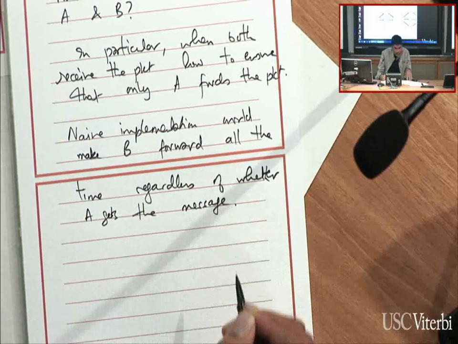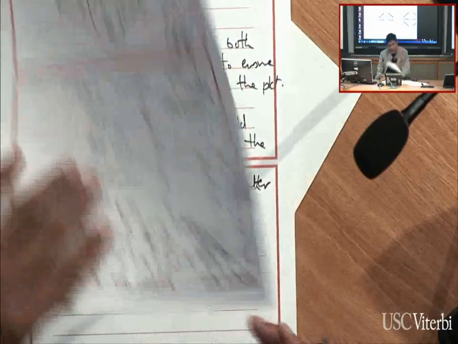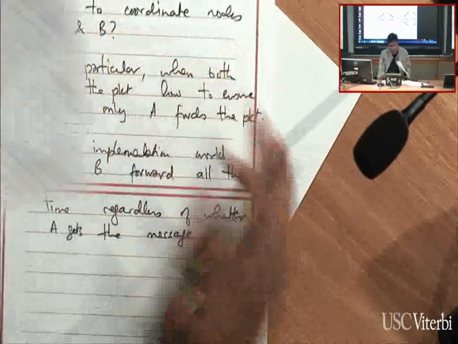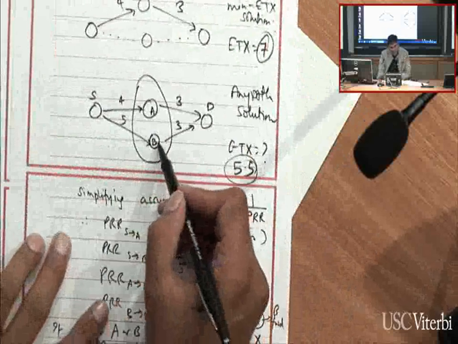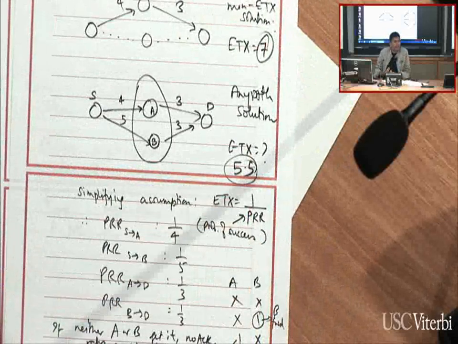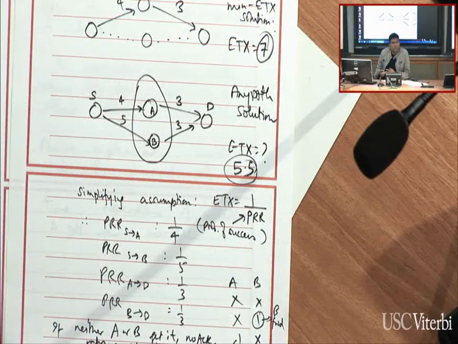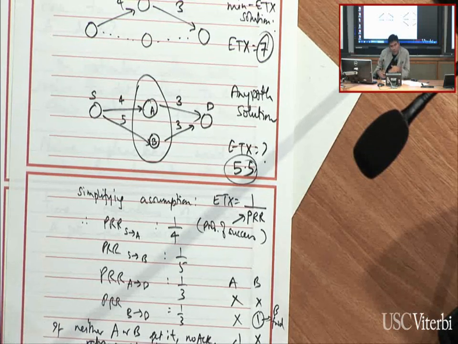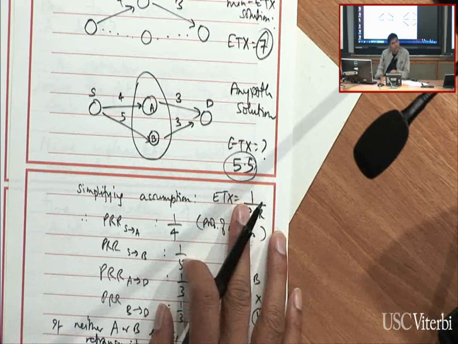So from a protocol perspective or a distributed systems perspective, in order to implement this coordination, somehow B has to become aware that A got the packet. Right? So that's the problem that the protocol has to solve, because if you can't solve that easily, or if you have to introduce a lot of overhead to solve that, that additional overhead might kill the advantage you're getting out of the ETX improvement.